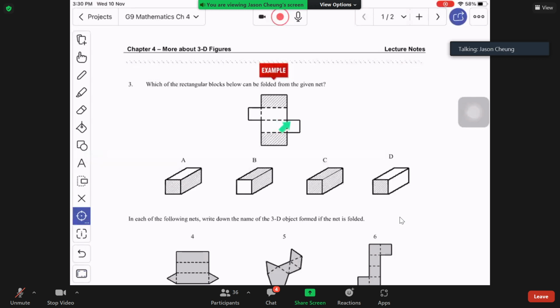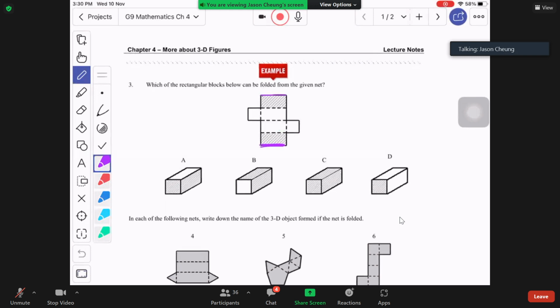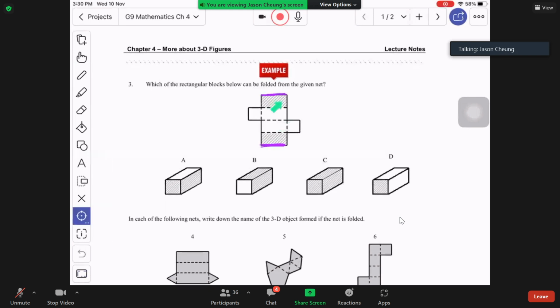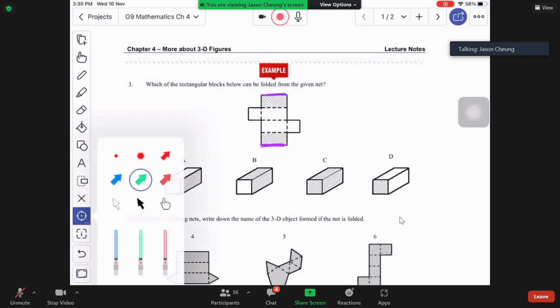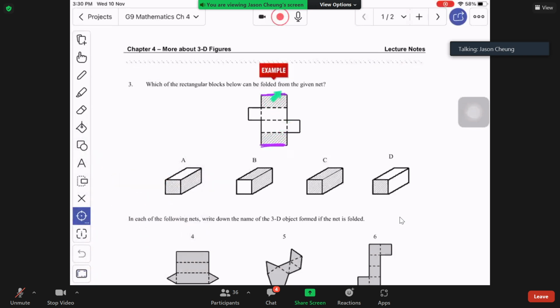And then when we try to fold it, this side will be connected with this side, which means that the two shaded sides here, 兩個都有咗顏色嘅 side 咧。The two shaded planes will connect with each other, right? So 應該係兩個連住嘅 shaded plane 咧就會 answer 啦。So that's why it can be B or C, right?